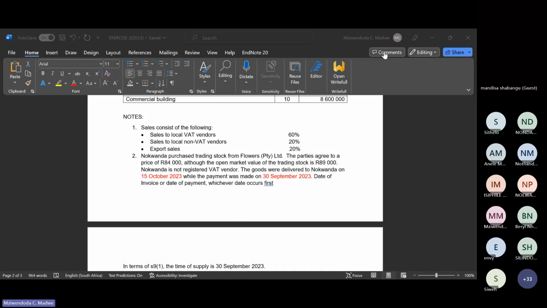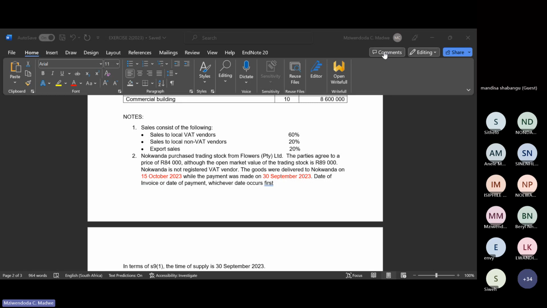Okay, sorry about that. I was saying that section 9, subsection 2, please read it. It says, number 1, where the supplier and recipient are connected persons, the time of supply is going to be the time of delivery if the goods are movable.